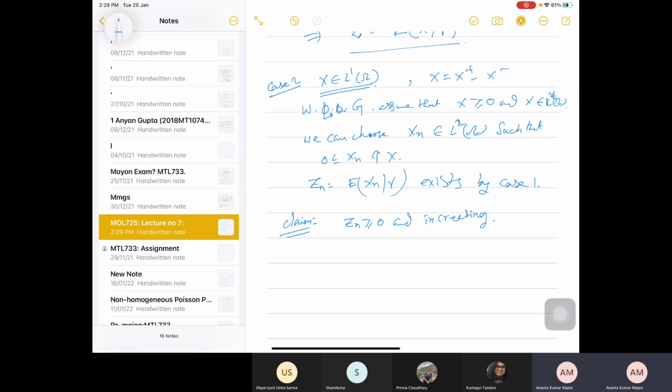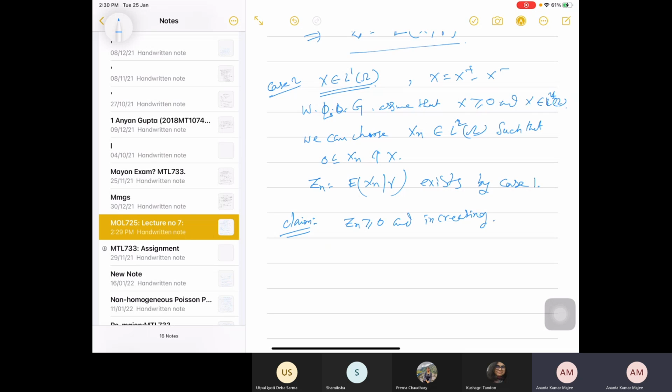So this fact actually comes from the general result. Why am I considering that xn is in L2 of omega? Because in your measure theory you have already seen that if you have an integrable function, then we can always find a non-negative integrable function.